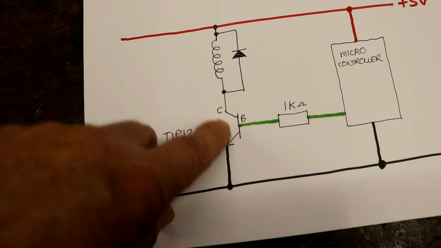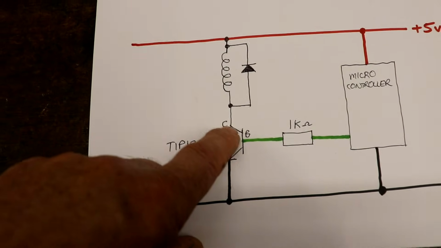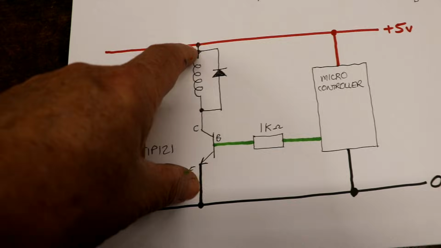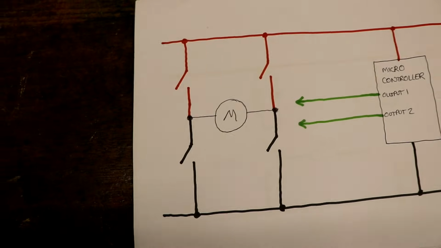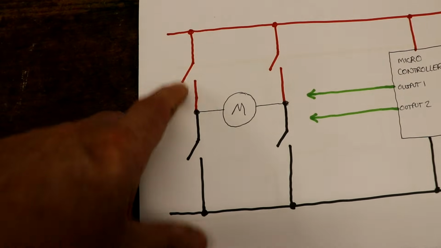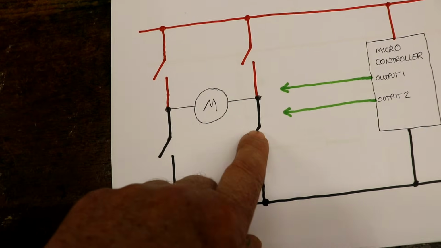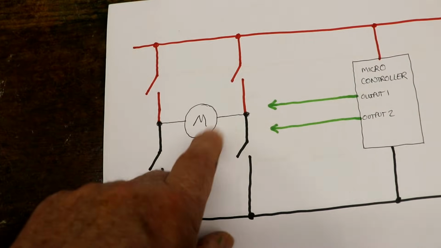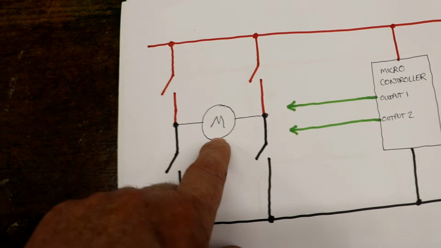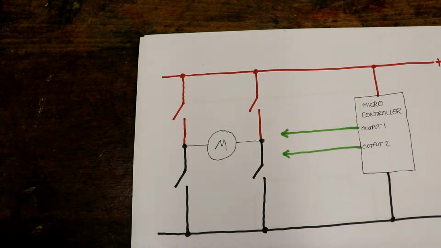So using this one, with the Darlington pair, that's only going to have a single 0.7 volt drop, so that means it'll be 4.3 volts. But when using the H-bridge driver, it has to go through 2, so that's going to take off 1.4 volts. So that's going to be 3.6 volts, which just isn't enough to run the solenoid. Hence the fact I'm not using the other one of these.